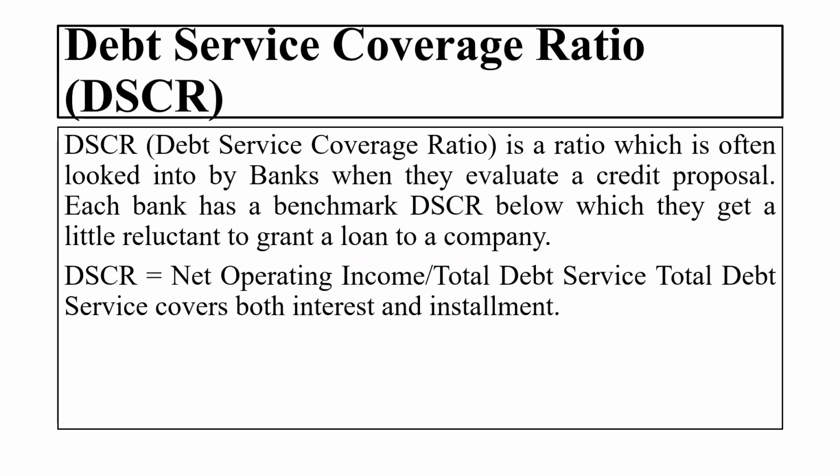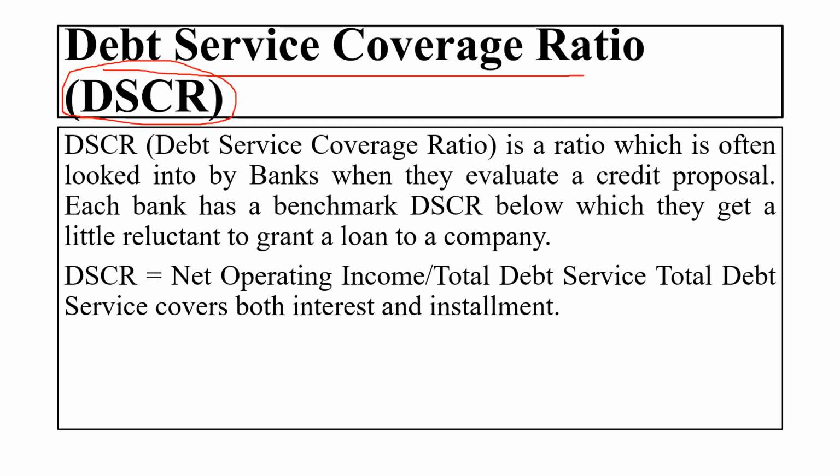Then there is the debt service coverage ratio, that is DSCR. Don't get confused if you receive this DSCR. The debt service coverage ratio is a ratio which is often looked into by a bank when they evaluate a credit proposal.